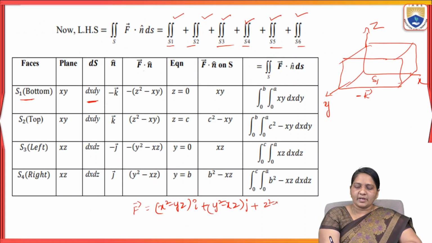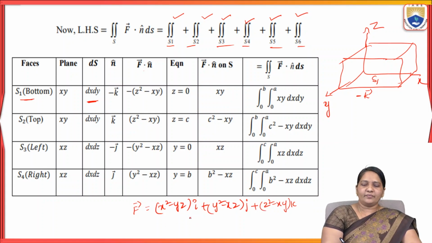Now for F dot n, we are taking n cap as minus k bar. Here i dot k is 0, j dot k is 0, and k dot k is 1. The remaining is minus of (z square minus xy), that is what we wrote here.